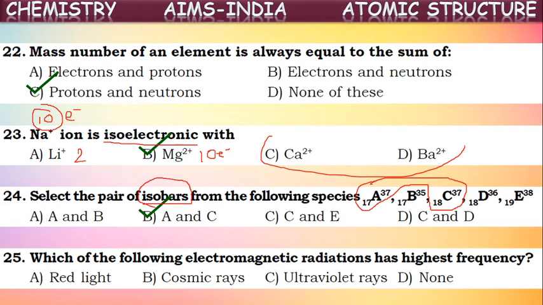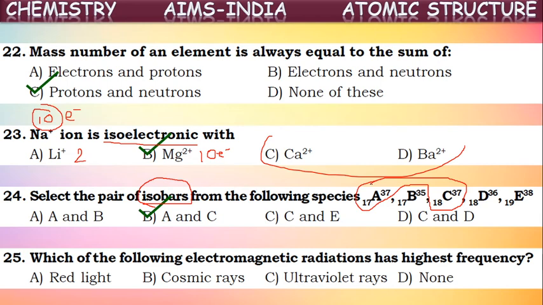But some electromagnetic radiations like cosmic rays and X-rays have very short wavelength. So they will have very high energy as well as high frequency, which are very dangerous to us. We should not be exposed to such kinds of radiations.